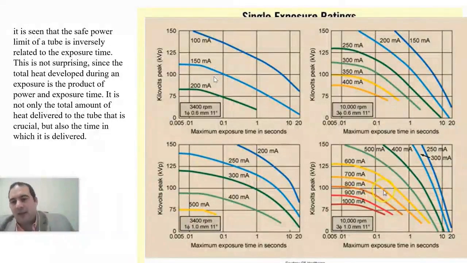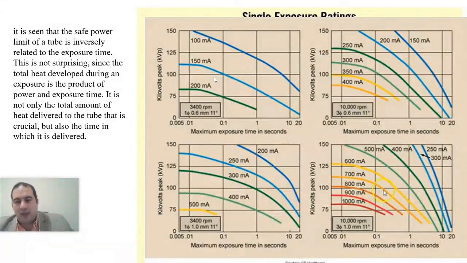You might say, for instance, that I will set the exposure time to a certain duration for a specific examination, which could take 10 seconds, 20 seconds, or whatever. Now, can I apply 100 kilovolt with, say, 300 milliampere for 30 seconds or not?